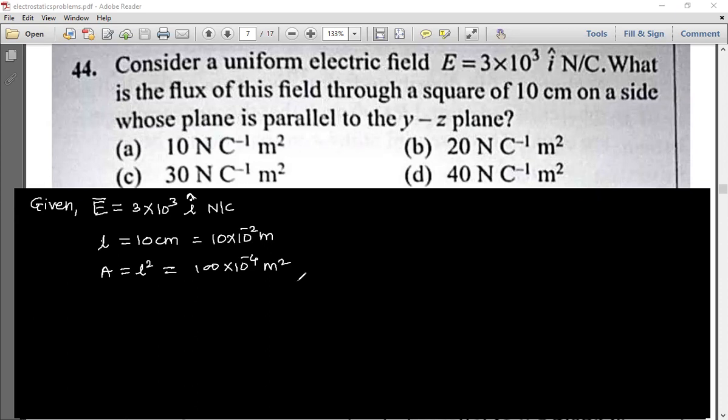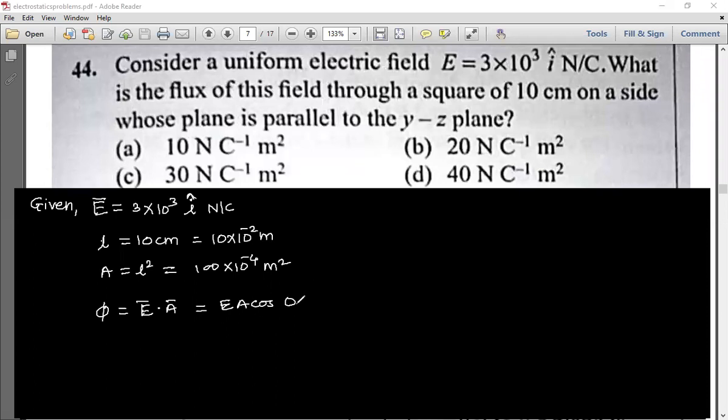Now parallel, not perpendicular. So parallel means theta is 0. So I can find the flux using this formula: E bar dot A bar, which is equal to E A cos 0.